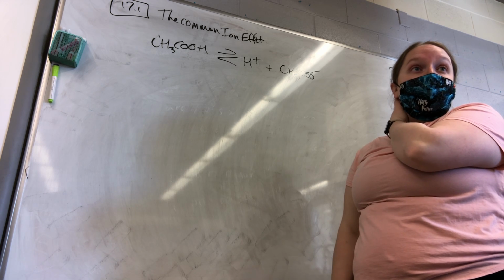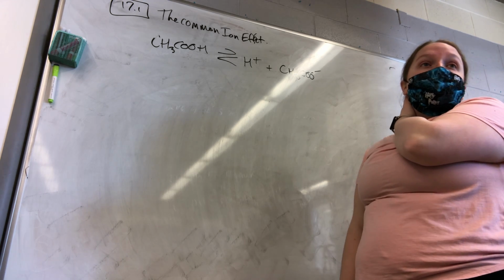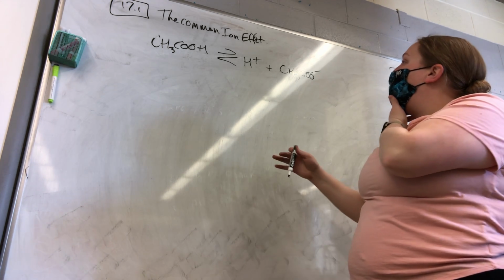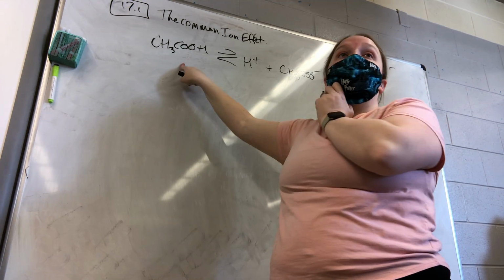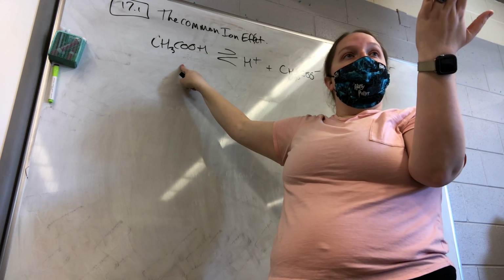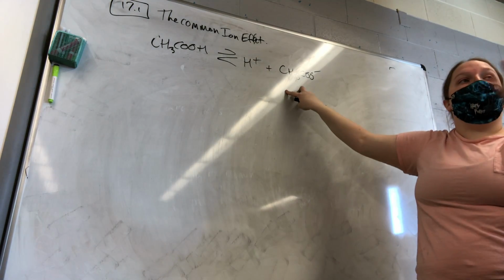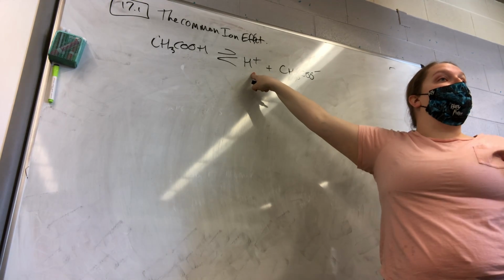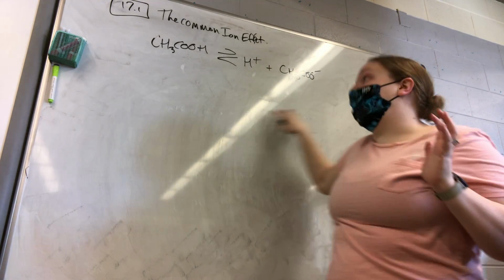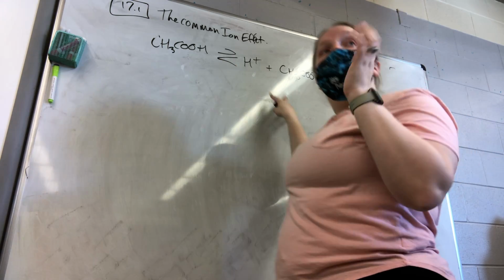These are applications of Le Chatelier's principle. It says if we mess with something, right? Let's say this thing is at equilibrium already, and then we add more of this. What has to happen? It has to shift to form more of this stuff to get back to equilibrium. So if I add something acidic, what happens? It's got to shift back, right?